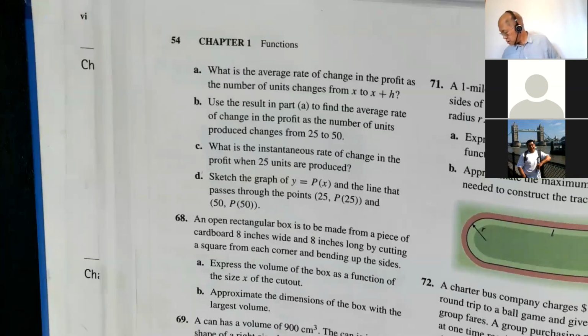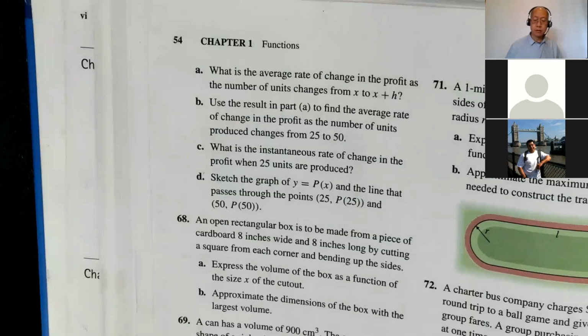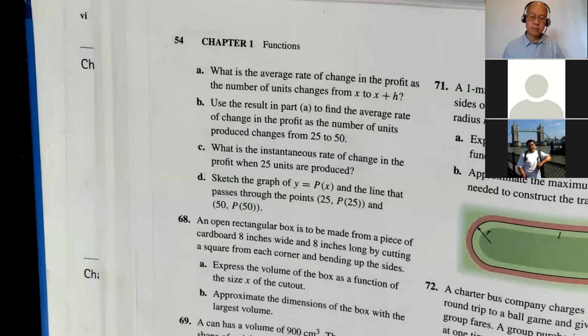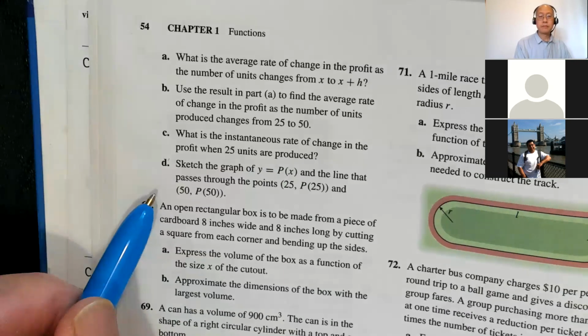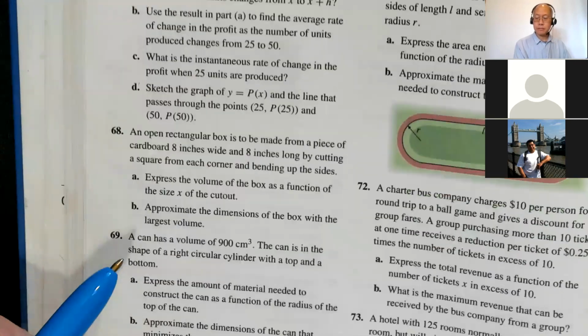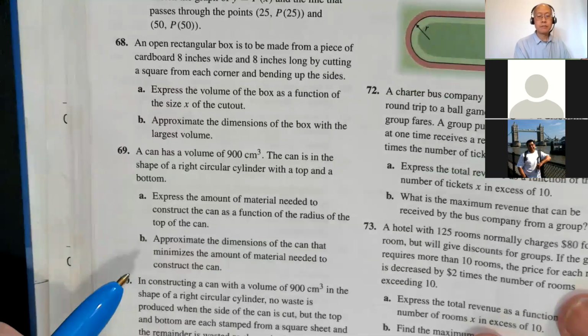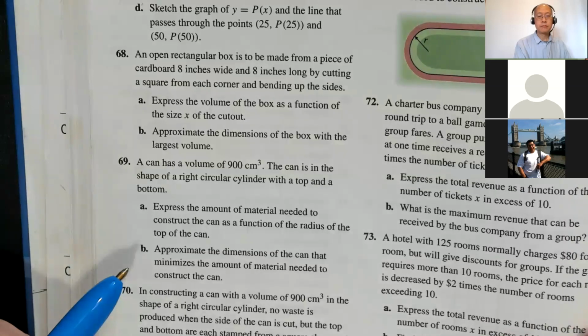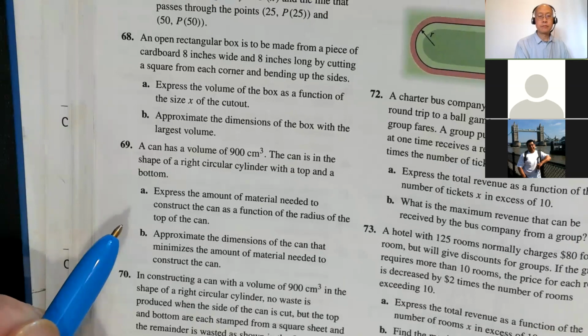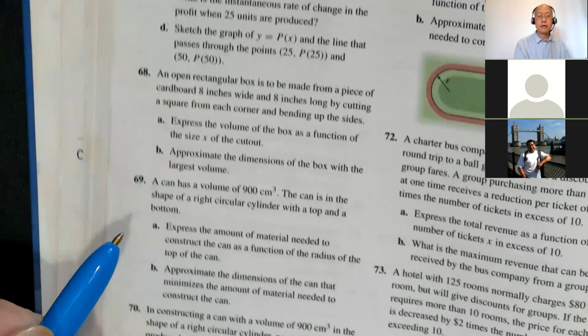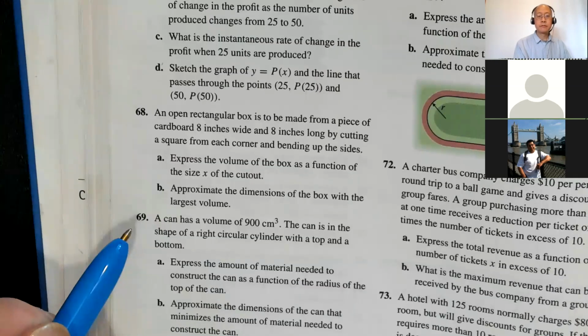I was having trouble, I was on it with the tutors too. Basically on a bunch of them, like on 69, it wants us to find the minimum or the maximum. And it's not really in standard form.